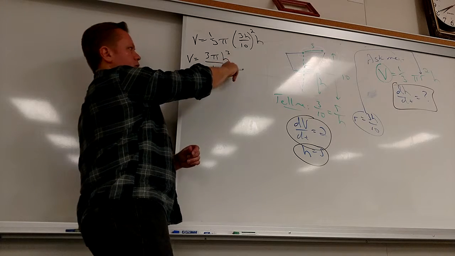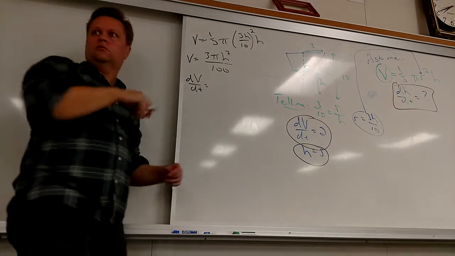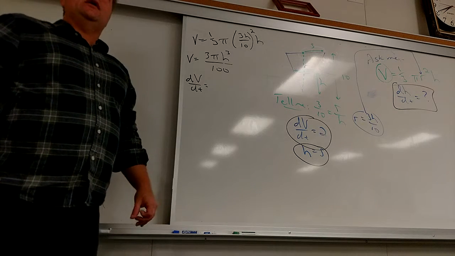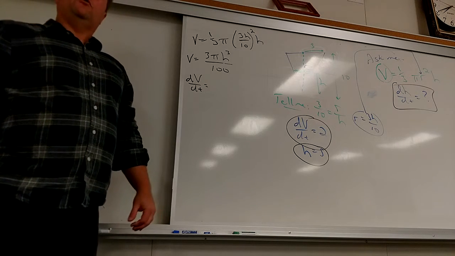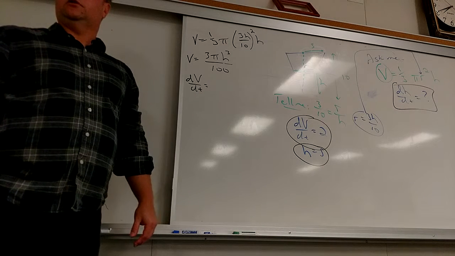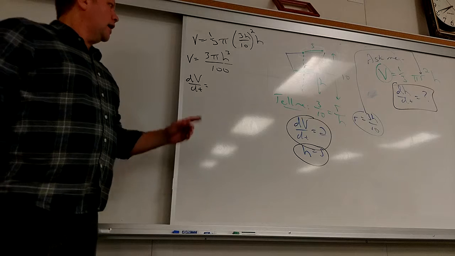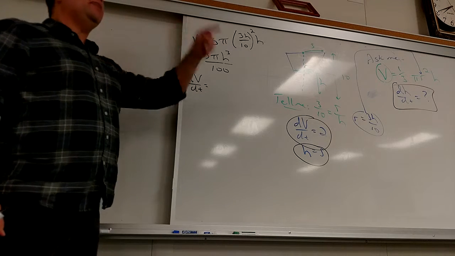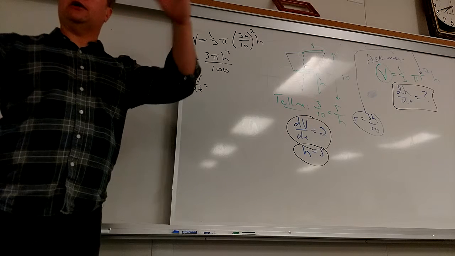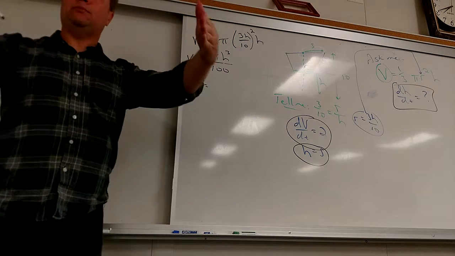The only variables there. How come you're not putting in 5? If I plug in a constant before I've taken a derivative, everything is 0 in the universe. I need to know what the relationship is between how the volume is changing and how the height is changing, and then I plug stuff in.